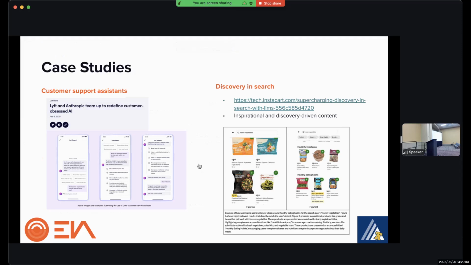So Lyft has recently partnered with one of the major LLM providers, Anthropic, to enhance its rideshare services, right, by developing customer-centric LLM-based products. So in this case, LLM-based agents enhance and automate customer service request handling, reducing the average resolution times by a huge margin, 87%, and significantly improving the customer service throughput.